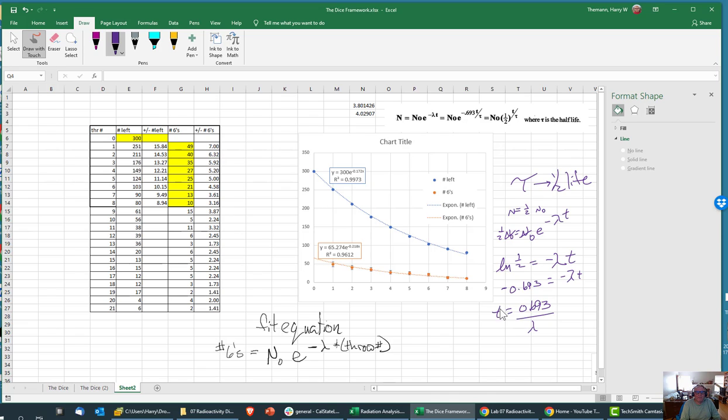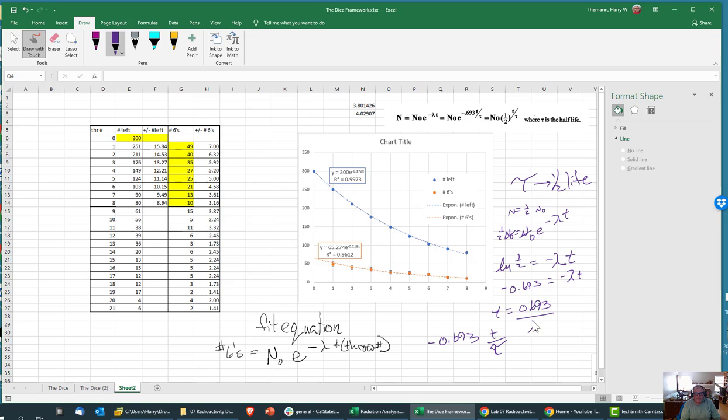So we can simply define the time of a half-life as tau, so that means we say minus 0.693 times t over tau.